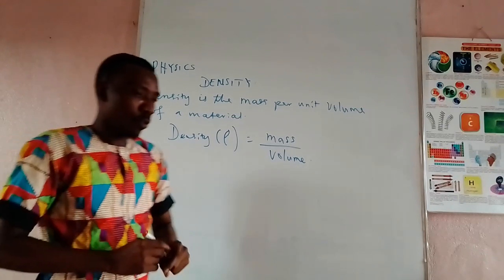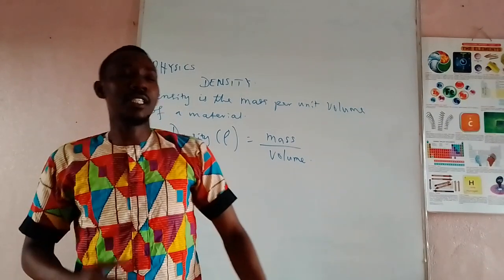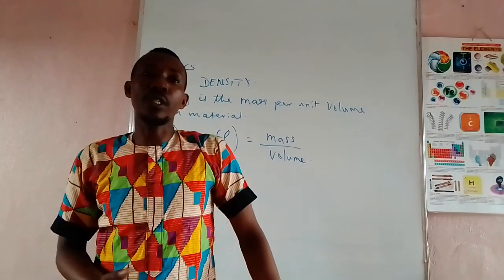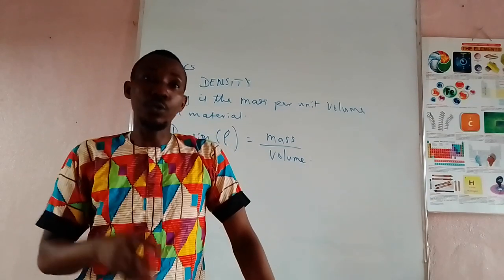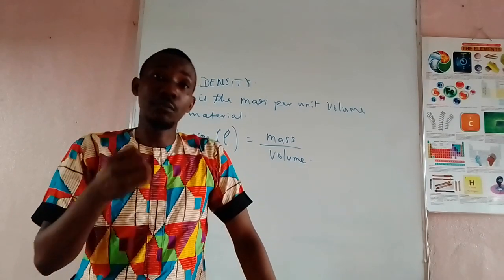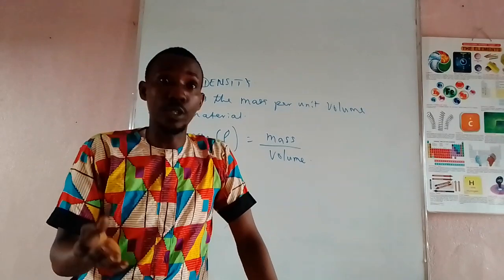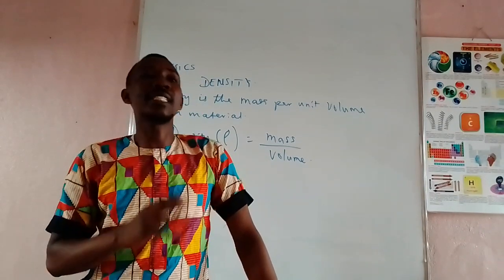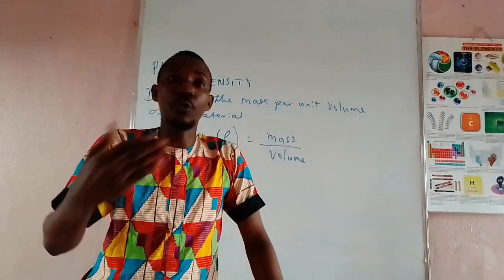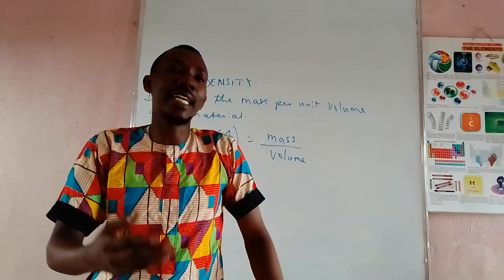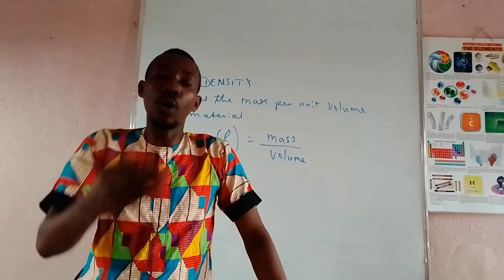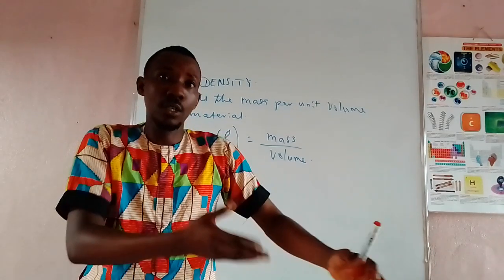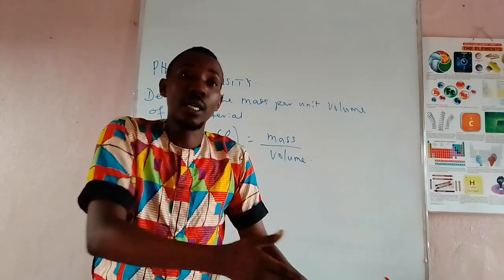We know that anything that is denser than water, or denser than any fluid, which can be gas or liquid, but we're going to be looking at water. Anything that is denser than water cannot float, and anything that is less dense than water will float.